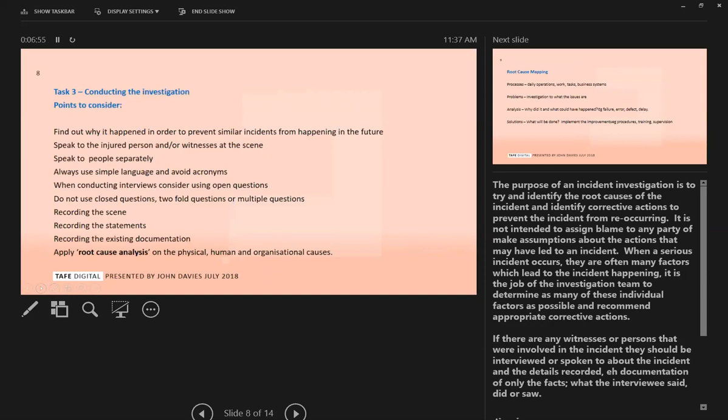The investigation team should show that they have inspected the area and equipment related to the incident. Technical referencing is required, e.g. Australian standards should also be included. Apply root cause analysis on the physical, human and organisational causes.